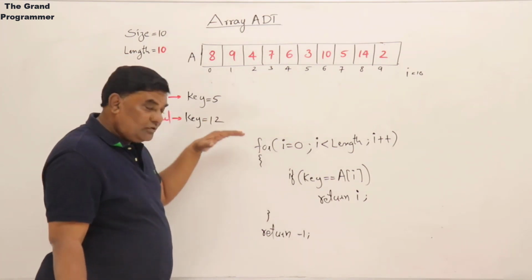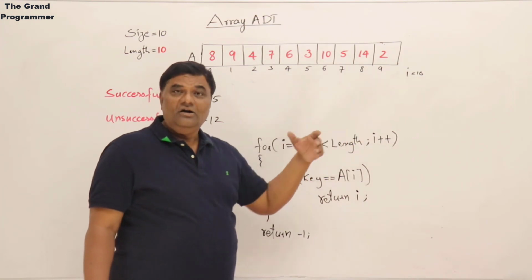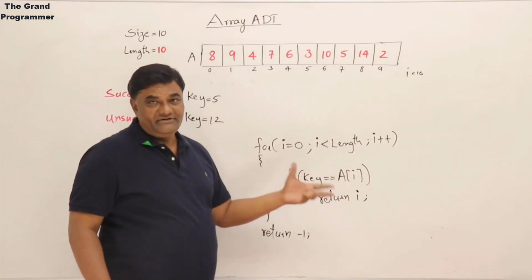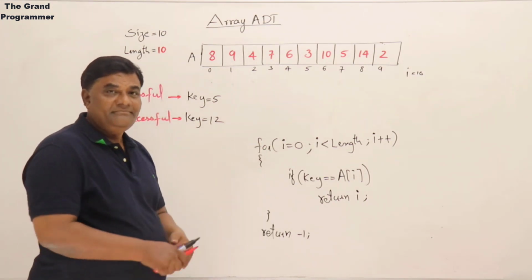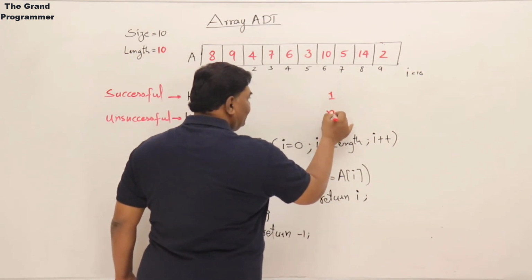If you look at the code now, this loop may repeat up to the end of the list, or if the condition is satisfied in the beginning itself, it may terminate. So this loop may repeat a minimum of one time and a maximum of n times.